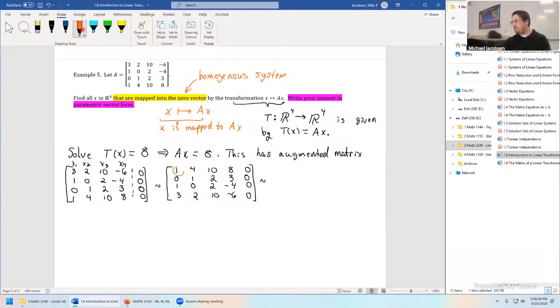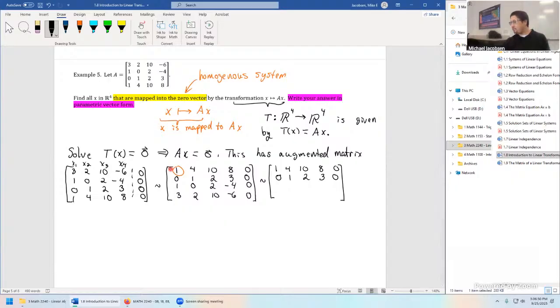So automatically we have a pivot here. We're eliminating these two entries below. So row reduction really starts to begin in earnest on this step. Let's copy in rows 1 and 2. 1, 4, 10, 8, 0. 0, 1, 2, 3, 0.